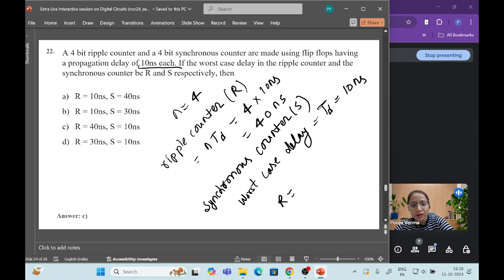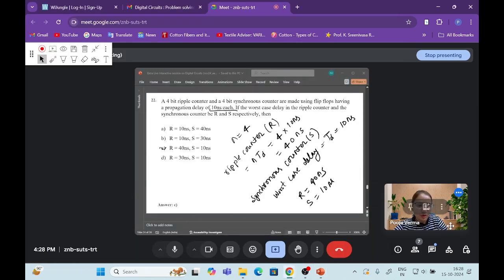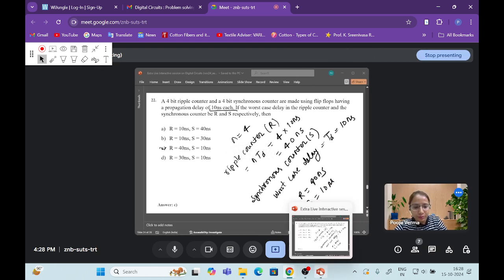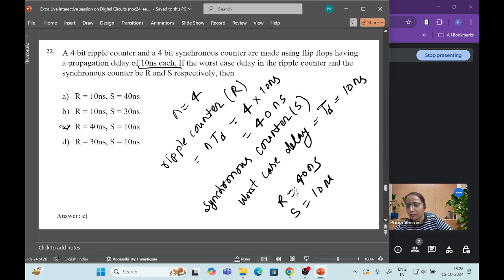So the ripple counter worst case delay is 40 nanoseconds, and the synchronous counter worst case delay is 10 nanoseconds. So R is 40 nanoseconds and S is 10 nanoseconds, so option C is the correct answer for this question. The answer is C. Okay, I hope you understand this question.